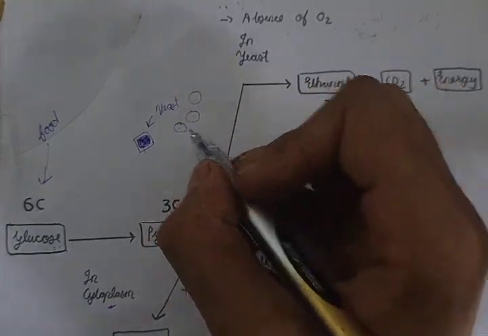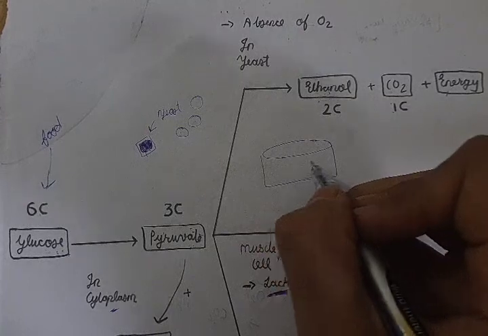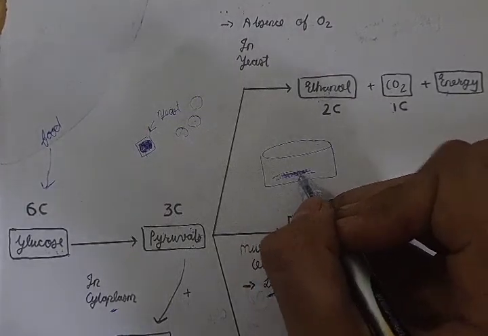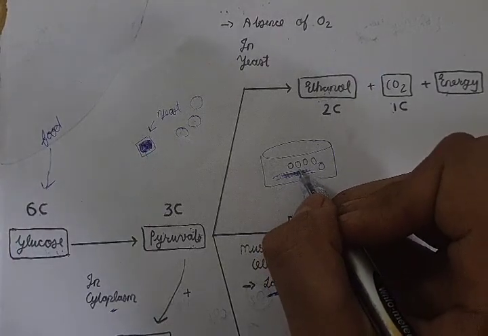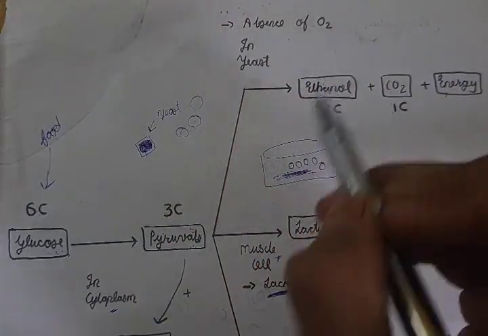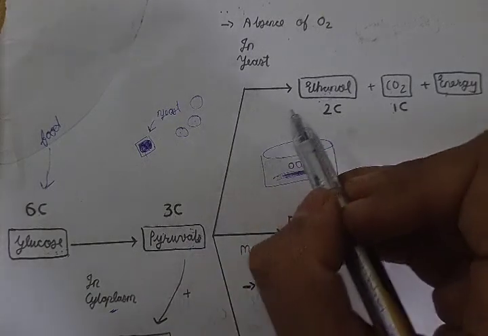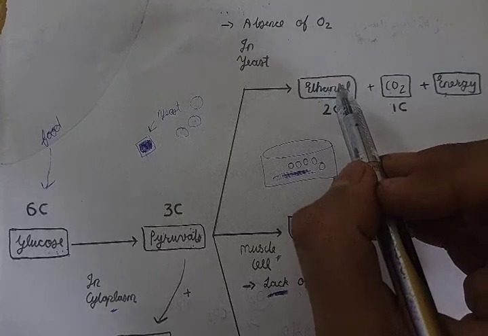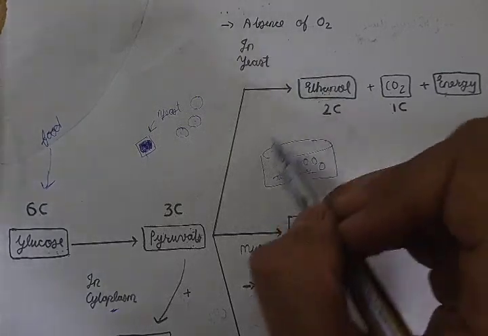How this process is actually done: there are big containers like this. In this container the sugar is put. In this sugar the yeast grows, and this reaction takes place inside the yeast, in which glucose is converted into pyruvate, then this pyruvate is converted into ethanol and carbon dioxide. This ethanol is alcohol, so we purify this alcohol by this method, and this method is called fermentation.